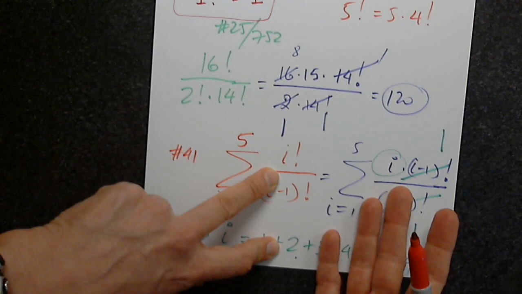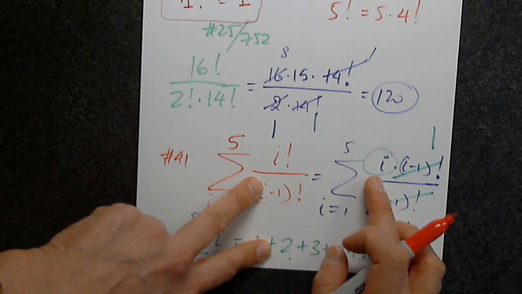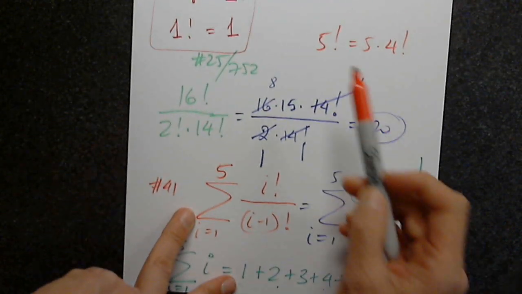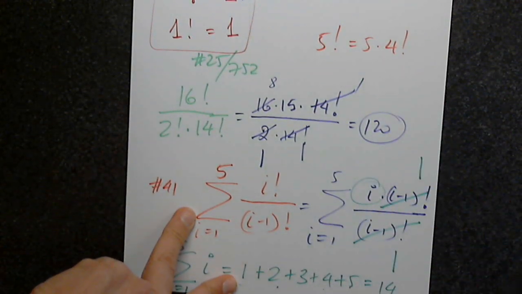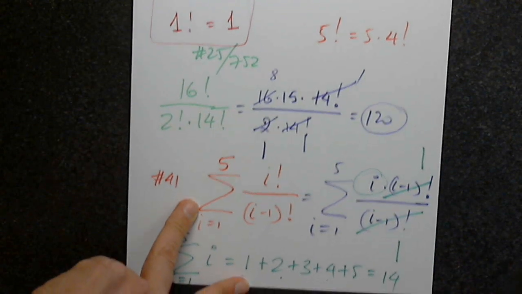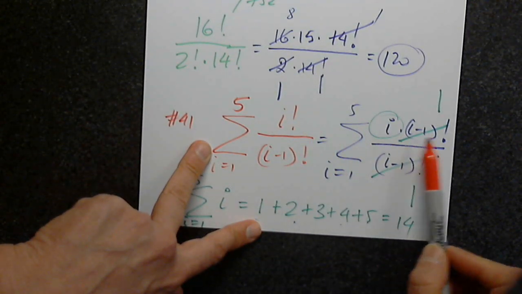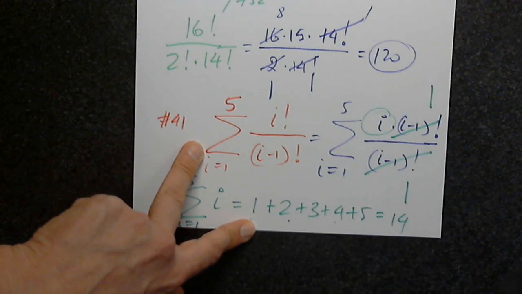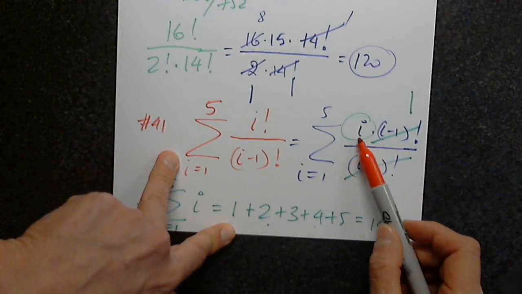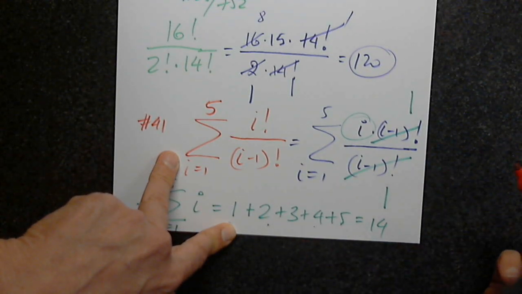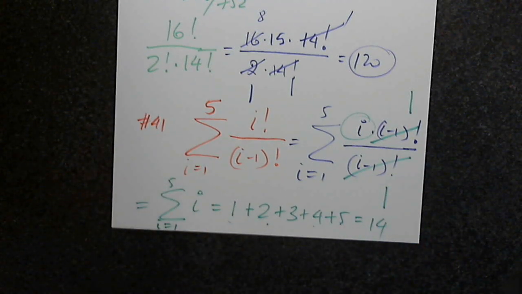That's what I did. i factorial is i times the next one in line factorial. 5 factorial is 5 times the next one factorial. If I want to write one more, I will write i minus 1, i minus 2 factorial. But I don't need to go to i minus 2 because these are the same. So I have to stop at i minus 1.